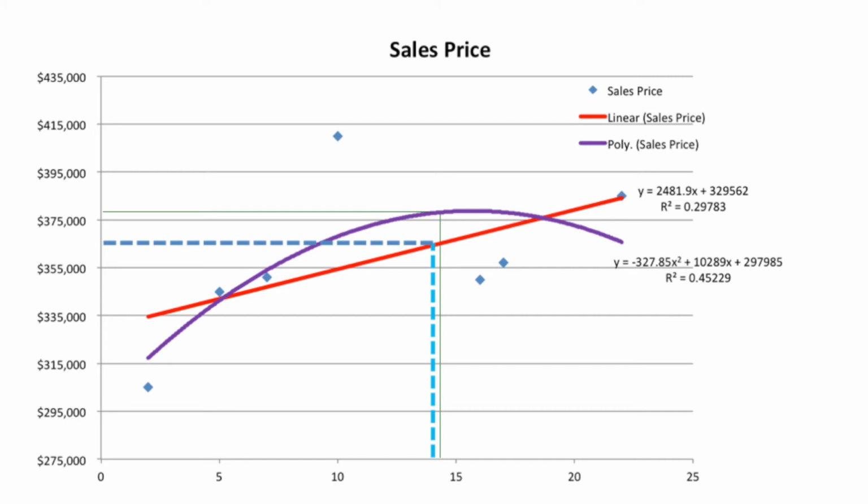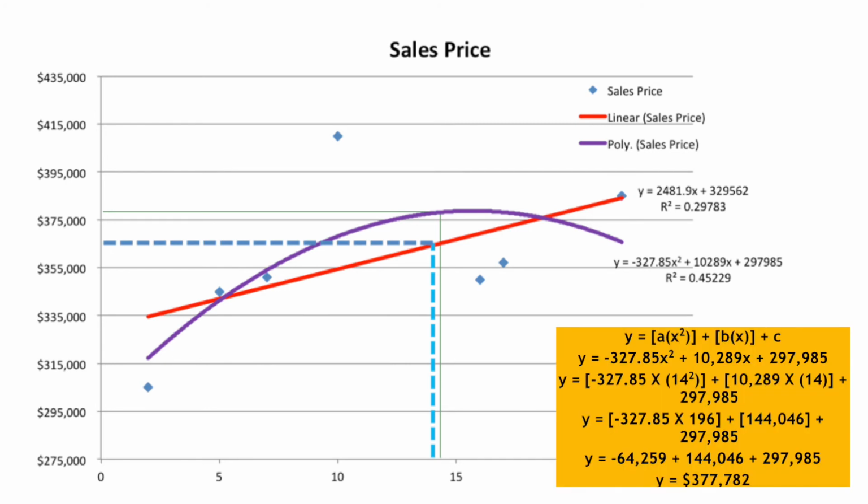If you were to draw a line, this happens to be the solid green line, from the 14th floor, and I chose the 14th floor randomly, up to the purple line, and then left to the value indicators, you would see that based on this analysis, a unit on the 14th floor would have to have a value above $375,000, but not all that far above $375,000. So let's take a look at the math itself and see if we can narrow it down any further.